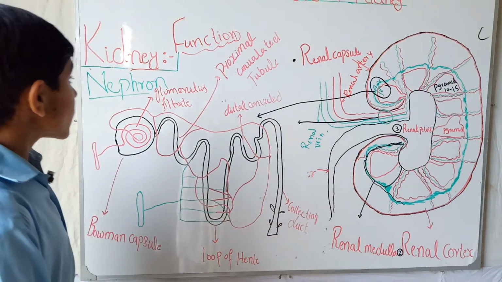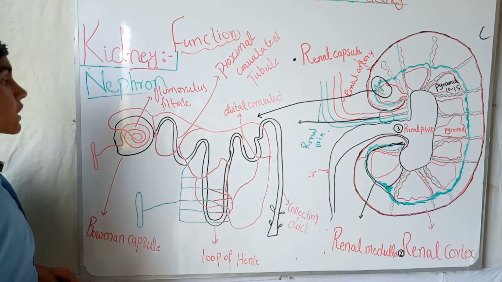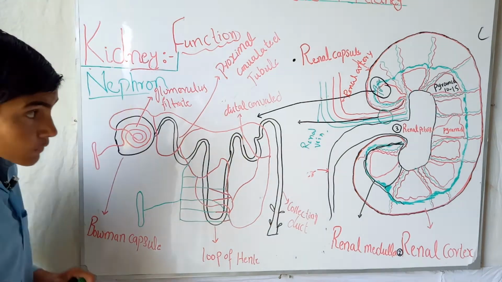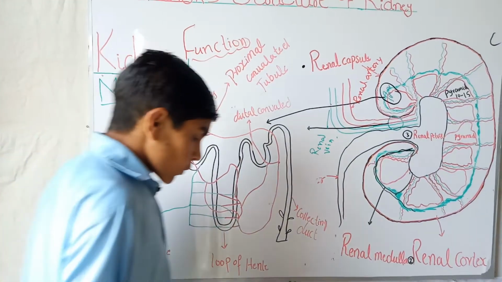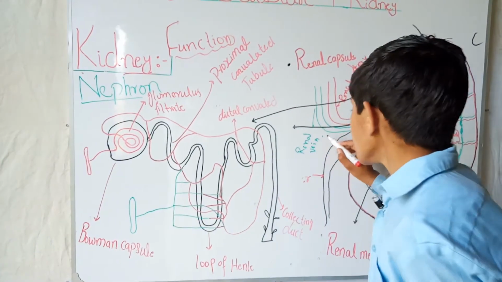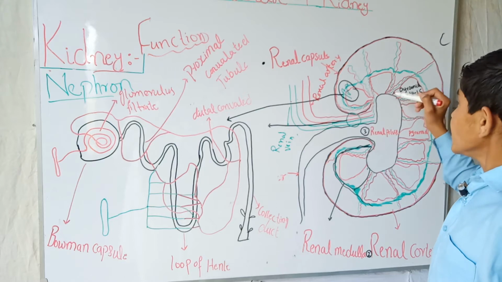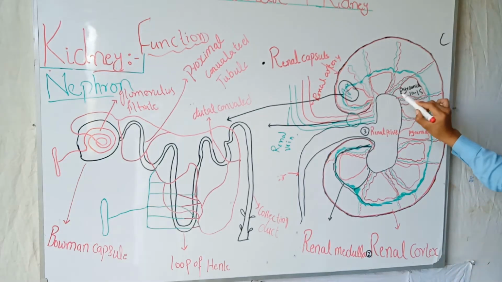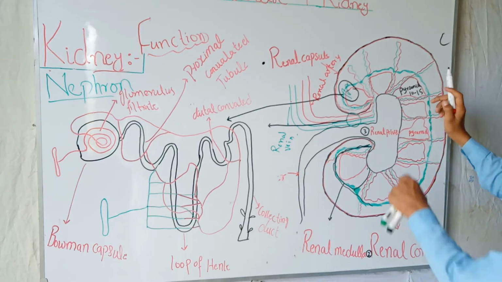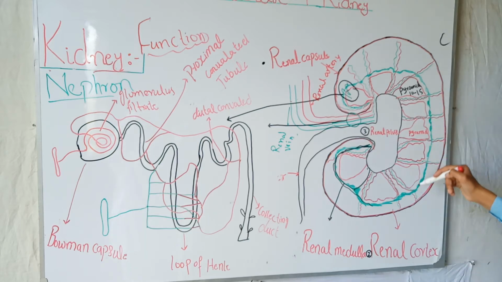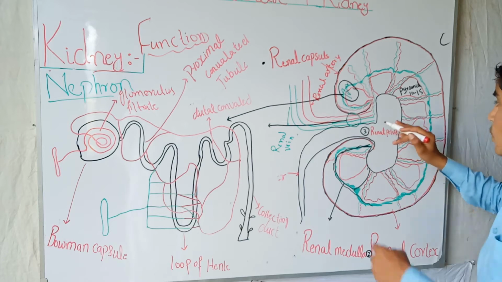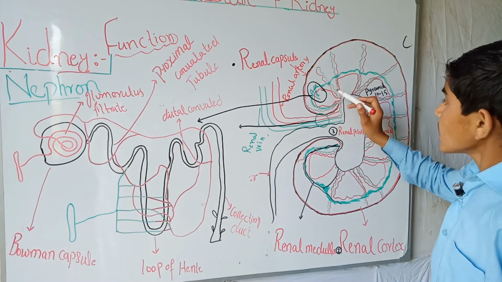Next is the topic about the kidney function and the nephron. Actually, when blood comes through the renal vein to the kidney, it enters the conical pyramid-like structures, which are about 10 to 15 in the kidney of a human.